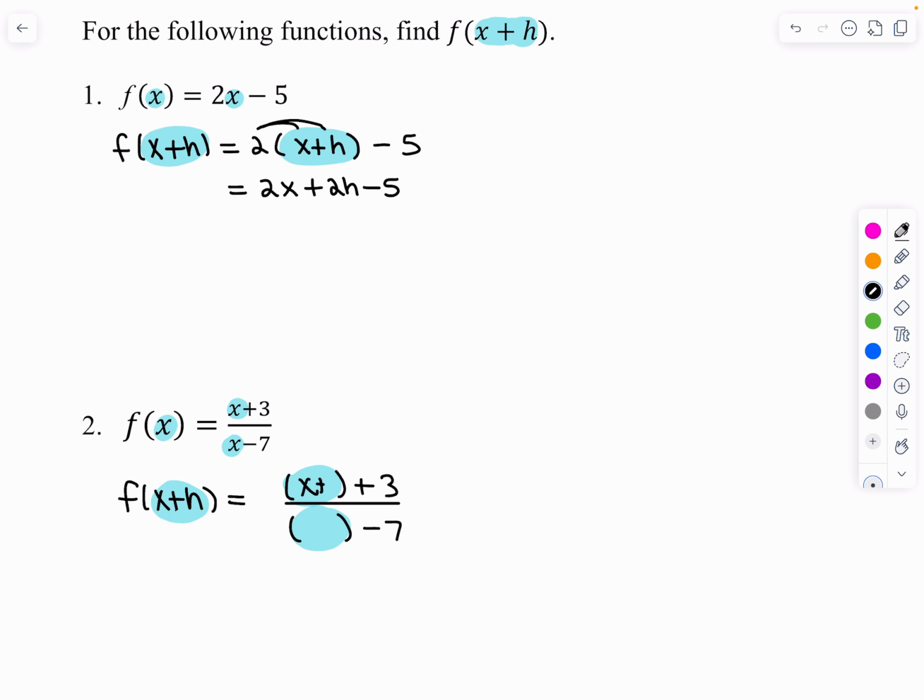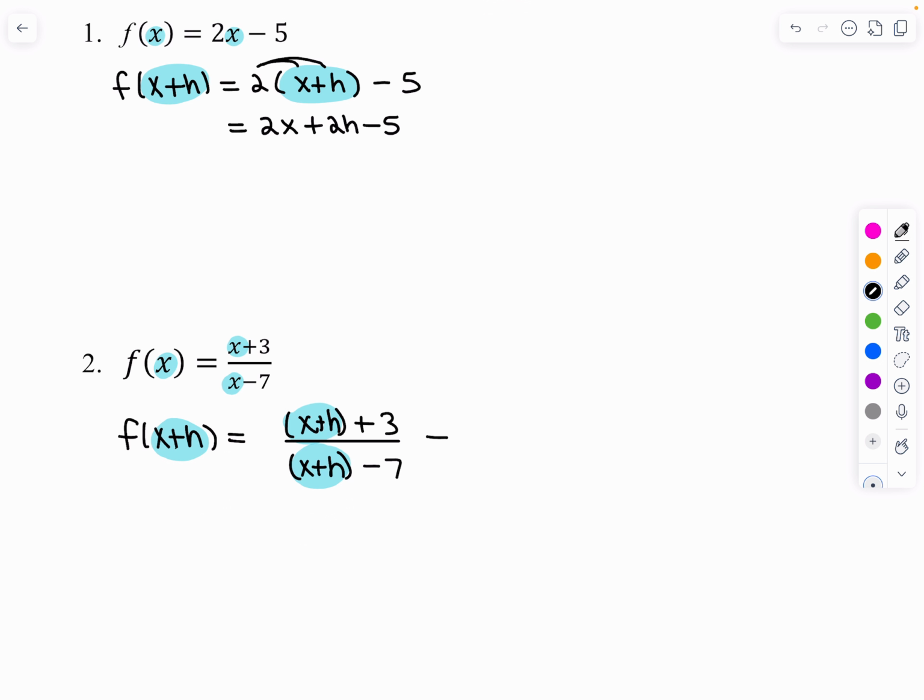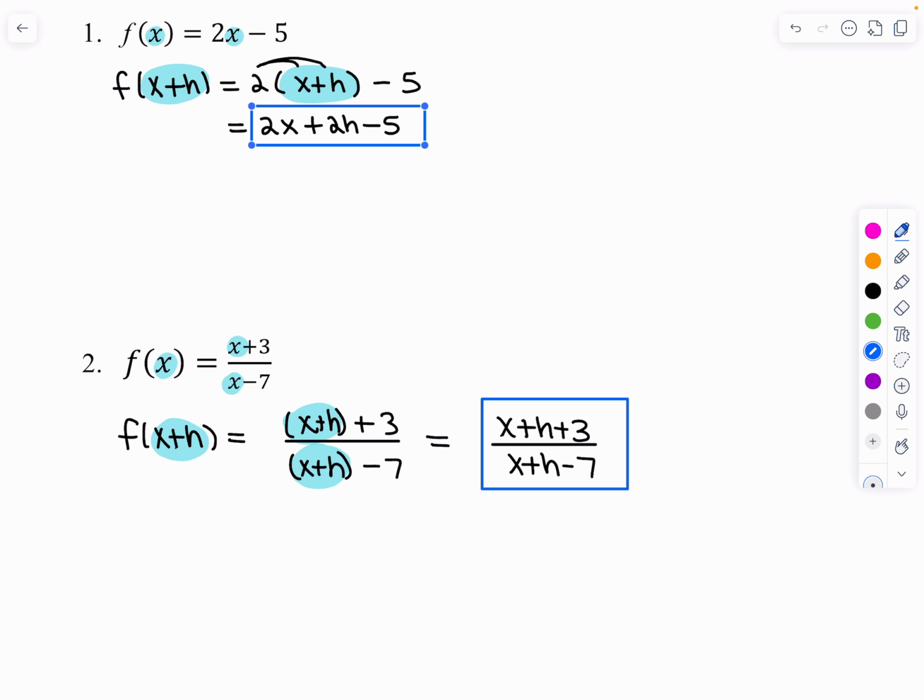So x plus h plus 3 over x plus h minus 7. And then if I really just drop those parentheses, I get x plus h plus 3 over x plus h minus 7. Really no standard form there. There are no like terms you can combine. So this would be as simplified as I could go with this. Same thing as the last one. There was nothing left to do once I distributed.